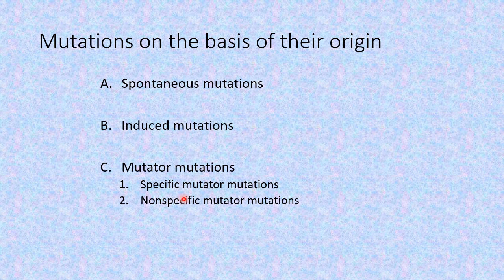They may be specific mutator mutations, pointed to a particular sequence of nucleotides, the mutations which result in the mutation of another specific sequence of nucleotides, or they may be non-specific. That is, if those mutations are there, they will mutate some or the other nucleotide sequence, then they are of the non-specific mutator mutation type.